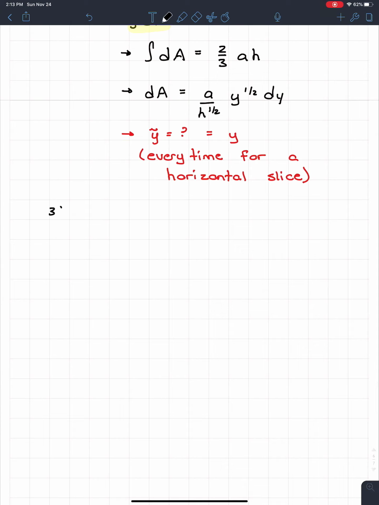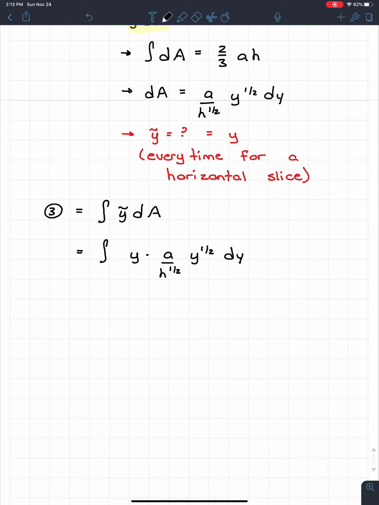So I'm going to put this as 3, and this is equal to the integral of y squiggle times dA. But now we already know that y squiggle is equal to y, so y times, and then our dA is equal to a over h to the 1/2 times y to the 1/2 dy.